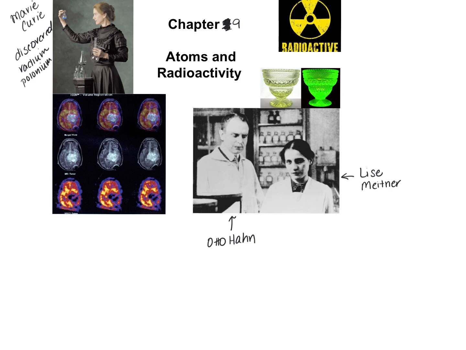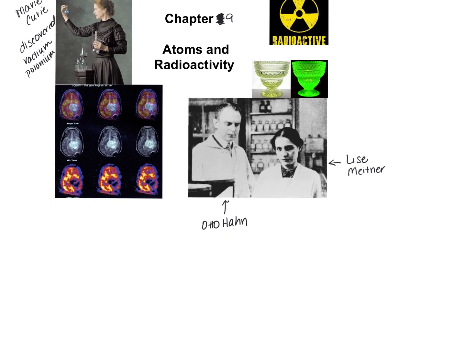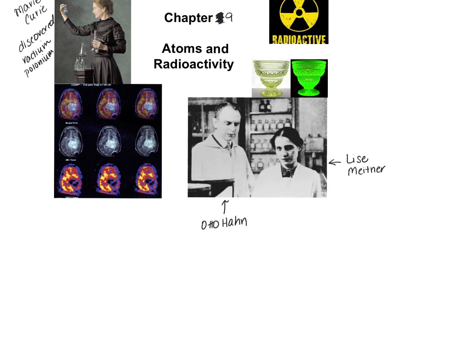These two people worked on nuclear fission, right? Otto Hahn, a guy named Fritz Strassmann, and Lise Meitner are really credited with nuclear fission.